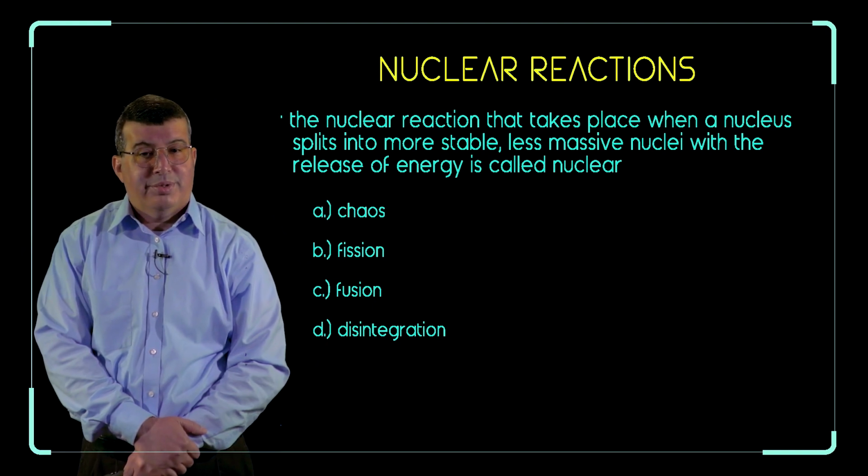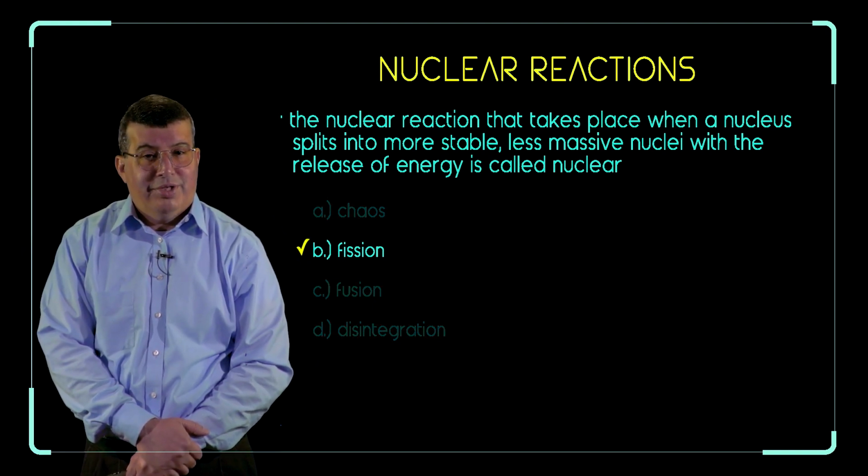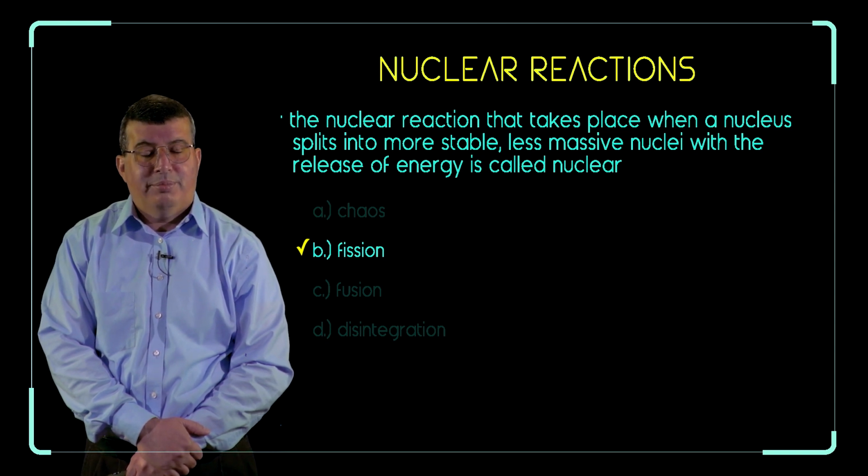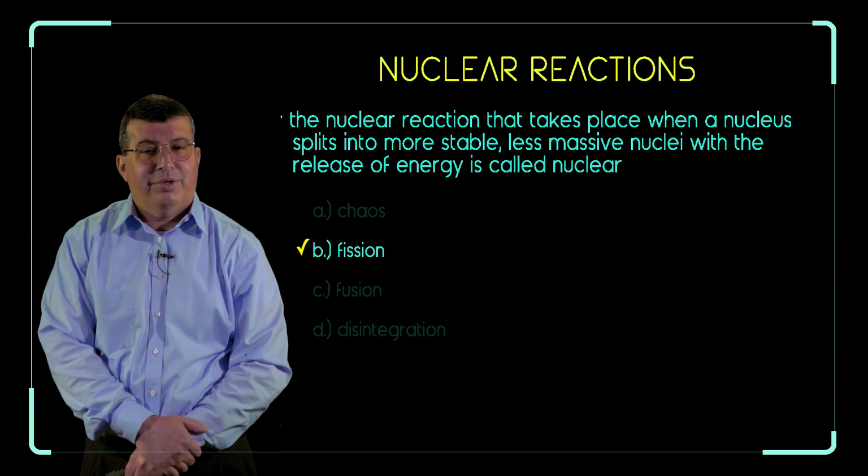The correct answer here is B, fission. Fission means splitting apart, and fusion means bringing together. So in this case, when the nucleus spontaneously splits, that would be nuclear fission. So the correct answer is B, nuclear fission.